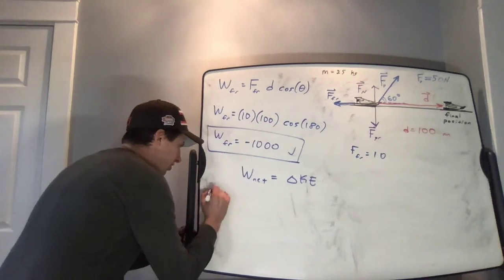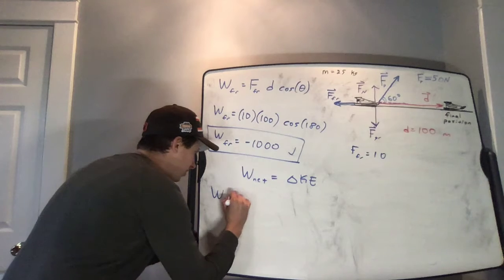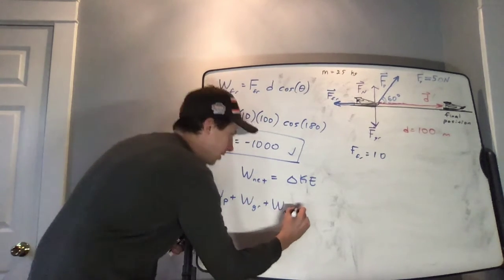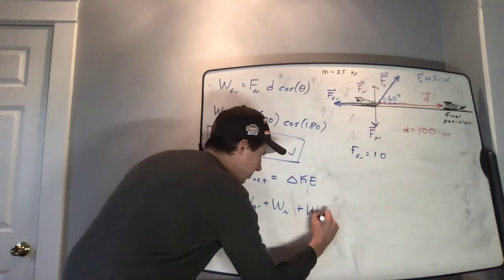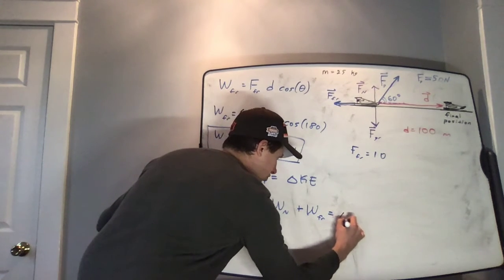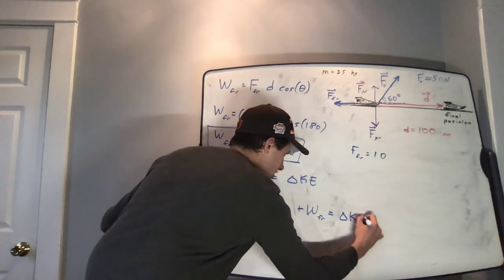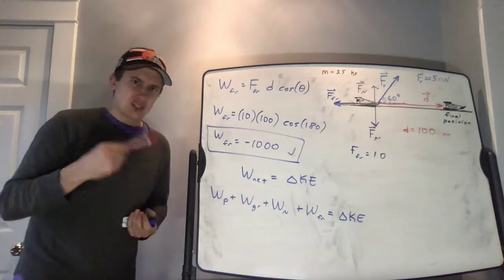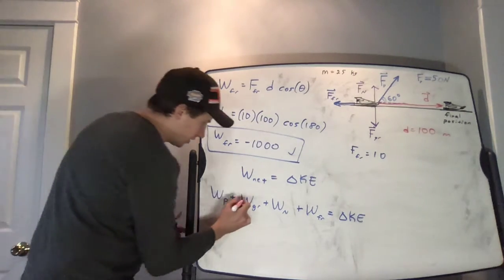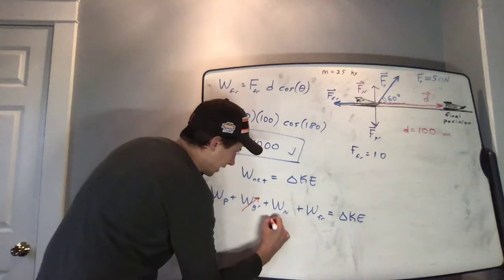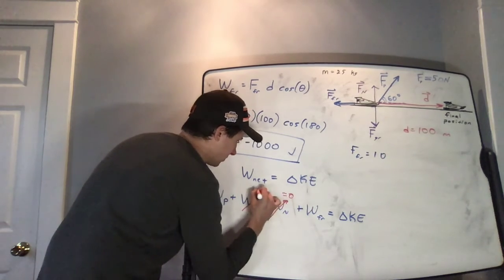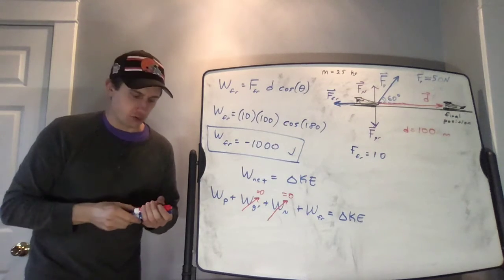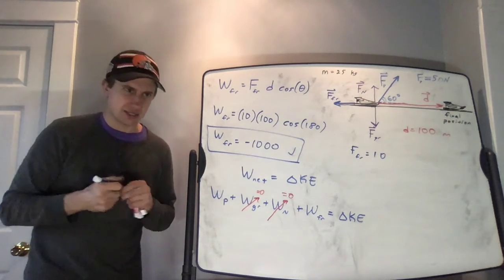So I could now write the work done by my pull plus the work done by gravity plus the work done by the normal force plus the work done by friction all will add up to the total change in kinetic energy of the sled. For the exact same reasons as we argued earlier in this video, the work done by gravity and the work done by the normal force will both be equal to 0 because the direction of these forces is perpendicular to the direction of the sled's displacement.